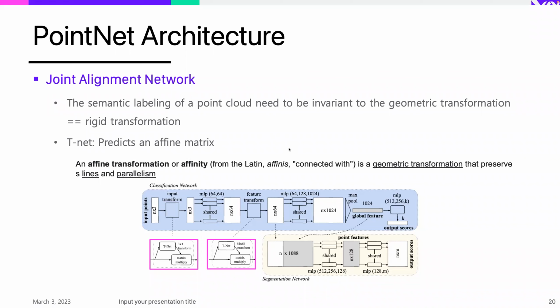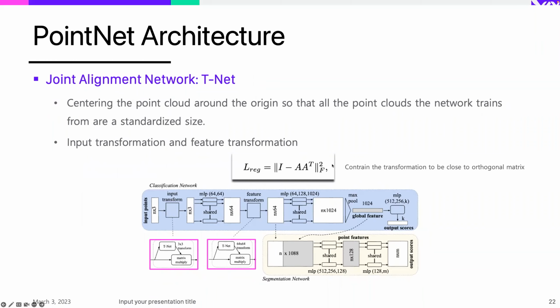So they only allow rigid transformations like rotation or translation. So they use the regularization term here to make the transformation matrix orthogonal.